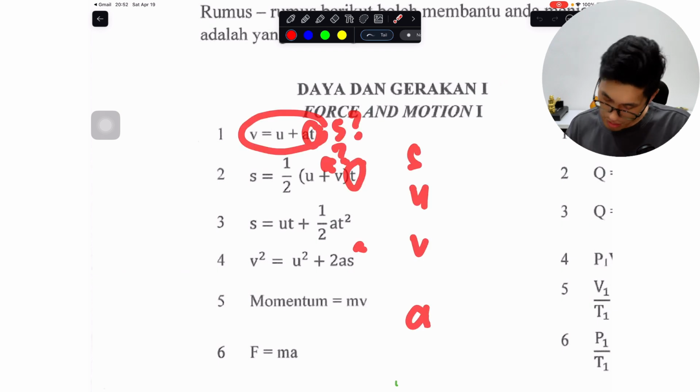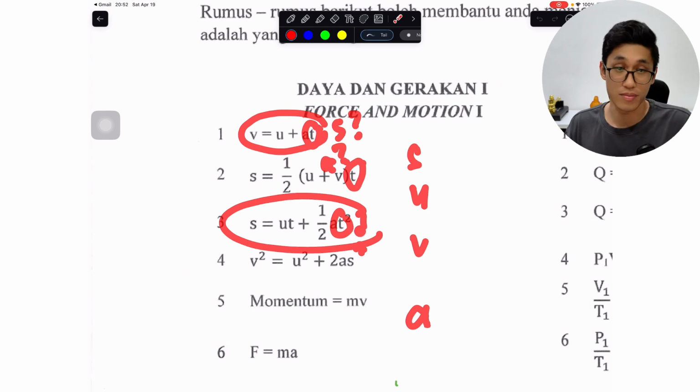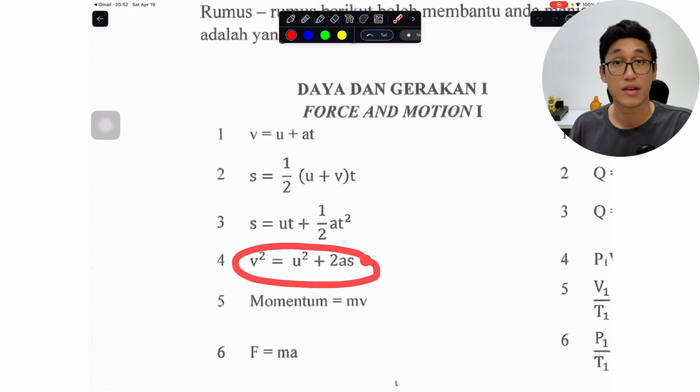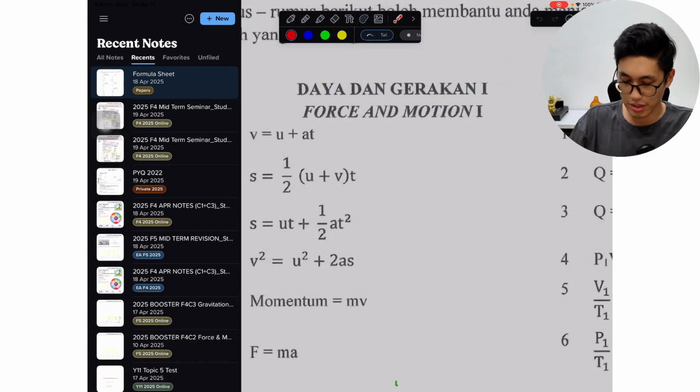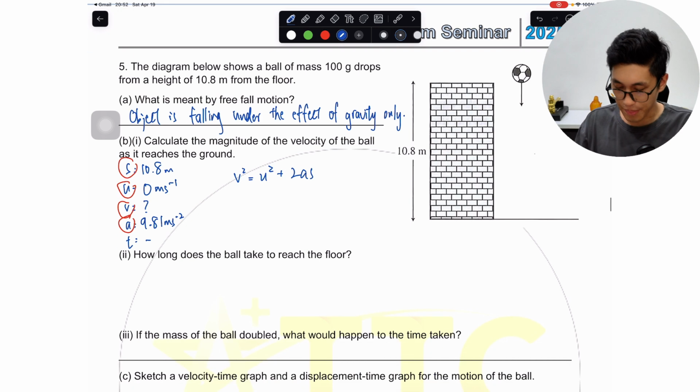What about this one? This one also has T, so cannot find also. And there's no A. So we only have this one left. V squared equals U squared plus 2AS.